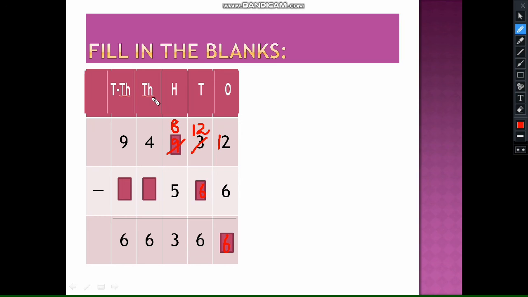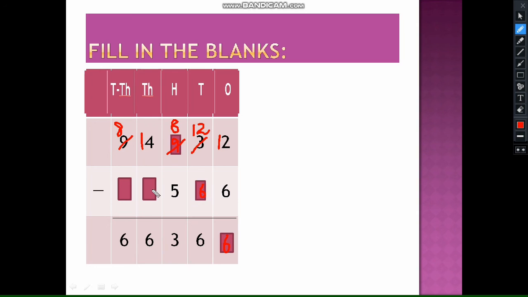Understood? So now here from the thousands figure we can see we have 4 thousands and we are getting the answer as 6 thousands. We don't know what is the subtrahend. So now we will borrow from the 10 thousands. So now this becomes 8 and 1 will be here. So this becomes 14 thousands and from 14 thousands we know the difference is 6.